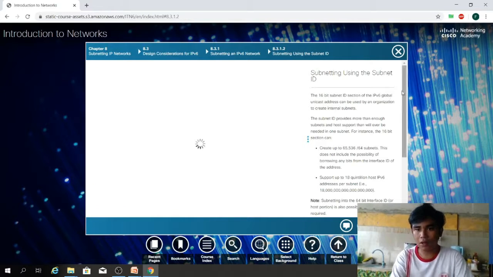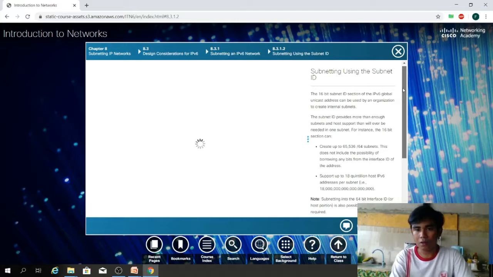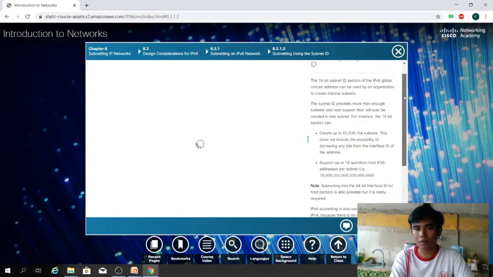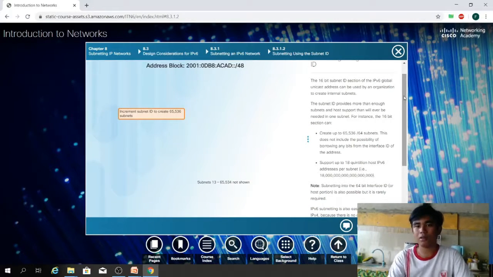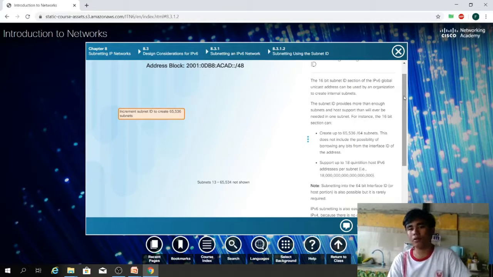Subnetting using the subnet ID: the 16-bit subnet ID section of the IPv6 global unicast address can be used by an organization to create internal subnets. This provides more than enough subnets and host support than will ever be needed.